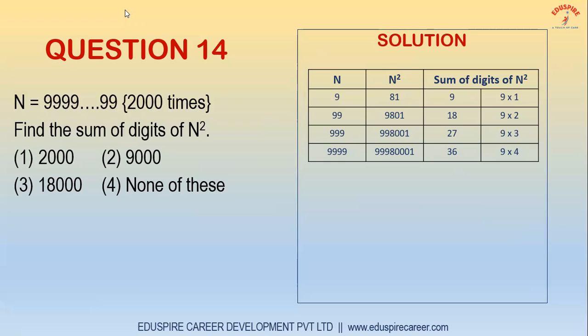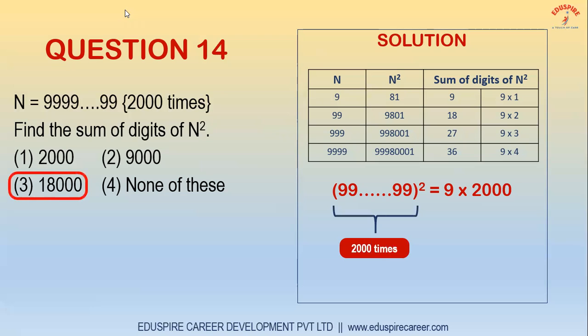In 999 we have three nines and the sum of digits of n square is 9 into 3, and so on. So of course in this case, if I am talking about 2000 9s, n square will have a sum of the digits which will be 9 times 2000, right? Which means my answer will be 18,000.